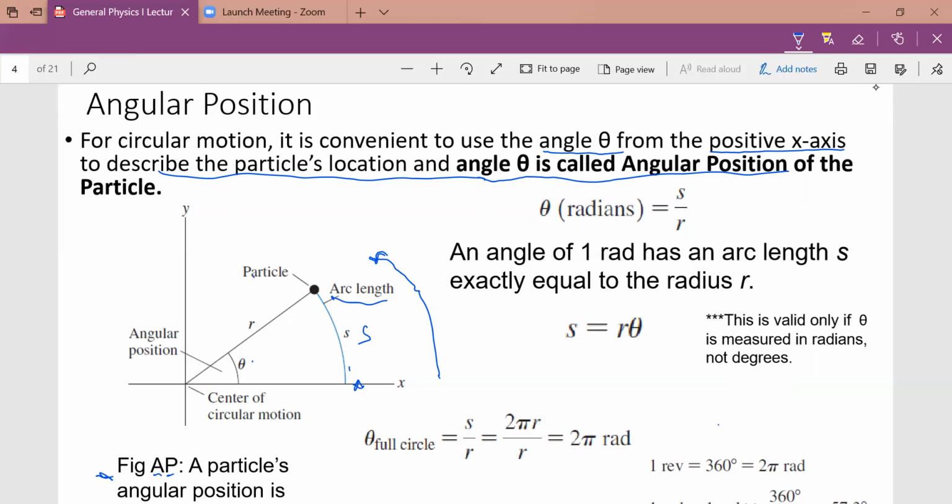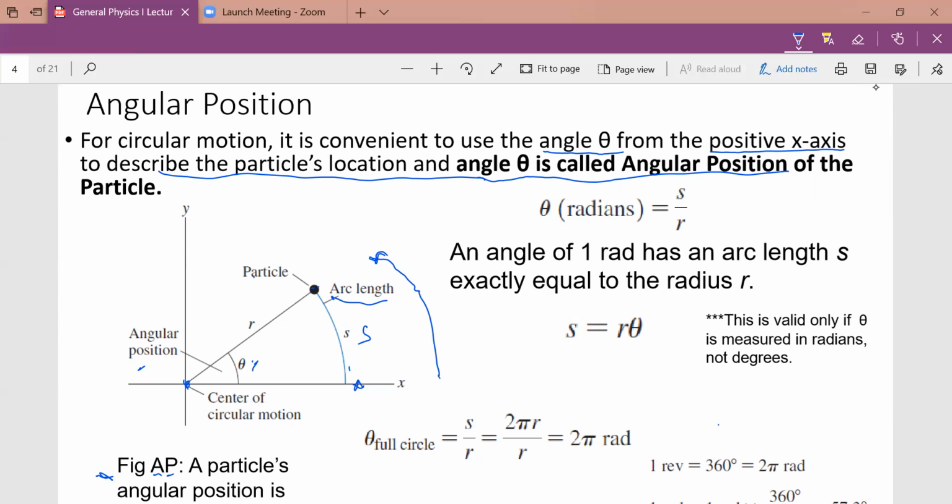Then we have the particle here, the radius of the circle, theta as the angular position, and the origin as the center of the circular motion. Now the angle theta is always measured in radians.